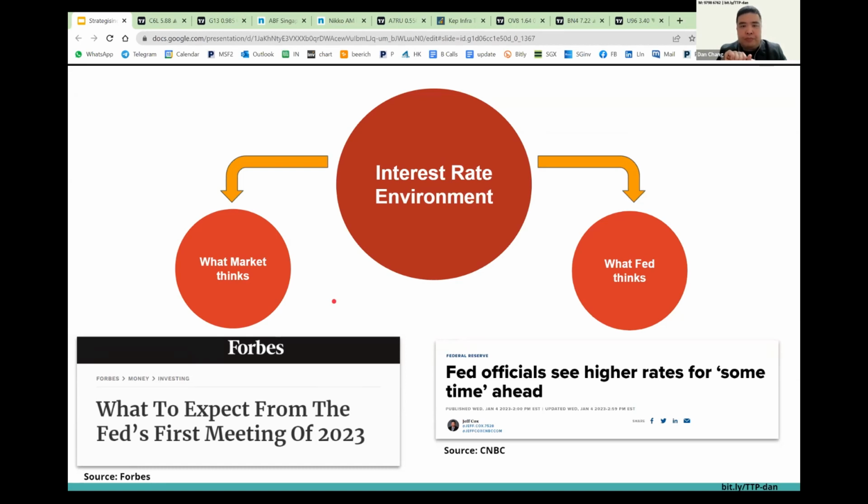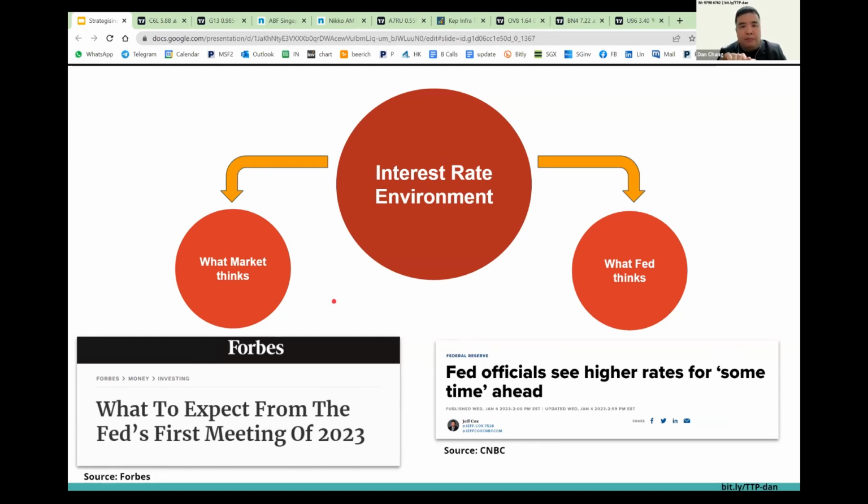Number two, last Wednesday, the US came out with its CPI report for December, and that CPI report has already indicated easing of inflation. Do take note that the Federal Reserve has already said that economic data will sway its decision on the rate direction.